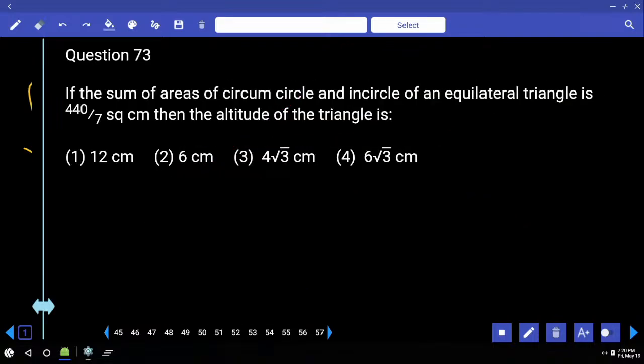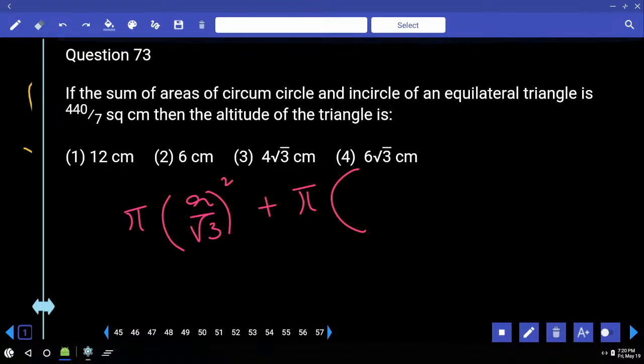If the sum of the areas of circumcircle and incircle of an equilateral triangle is 440 by 7 square centimeter, find the altitude. Here, what is the radius of the circumcircle? A by root 3. Area is pi r square. Here incircle, radius of incircle is a by 2 root 3.